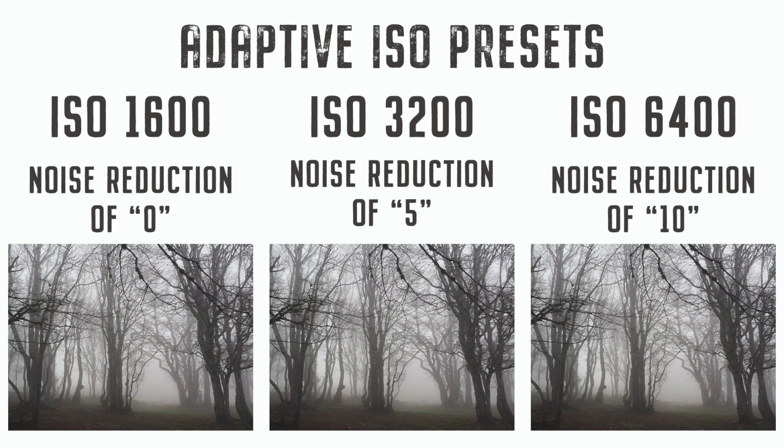If we save the first image and the last image in the adaptive ISO presets, what will then happen if you click the preset and the computer recognizes that that image has an ISO of 1600, it's going to apply 0 noise reduction to that image. If you have an image that was shot at 6400, it's automatically going to apply a noise reduction of 10. And if you have 3200, it's going to automatically apply the noise reduction of 5. So that's how adaptive presets work.